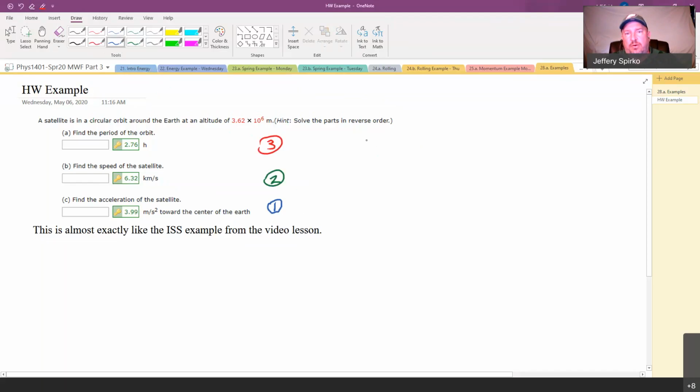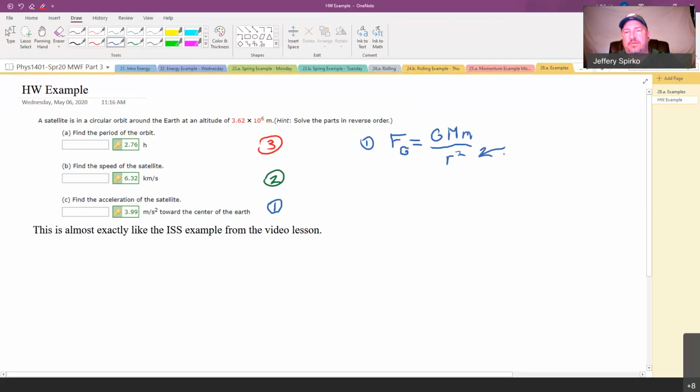To do part one, we know that the force of Newtonian gravity is equal to capital G, mass of the nearby planet, mass of the object over r squared.